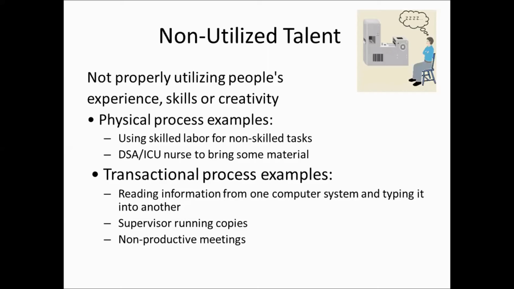So think about defect, overproduction, waiting, non-utilized talent, transportation, inventory, motion, and extra processing.